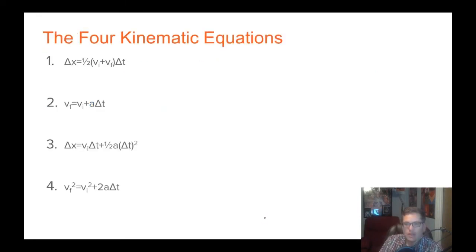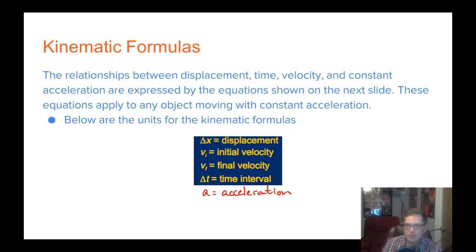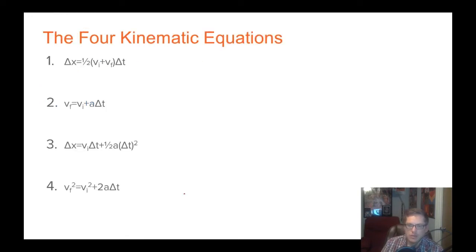So add this one to your notes, a equals acceleration. So here are your kinematic formulas. Pause the video and write these down right quick. Now the one thing I want you to pay attention to when you look at these: remember from before we had these 5 things we were working with, delta x, vi, vf, delta t, and acceleration. Notice that those 5 things never appear all together at once.